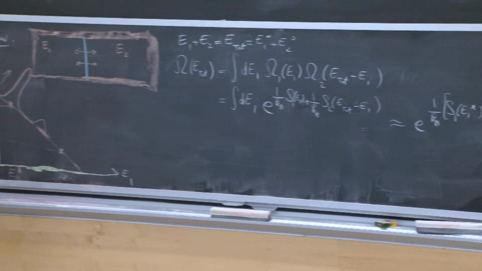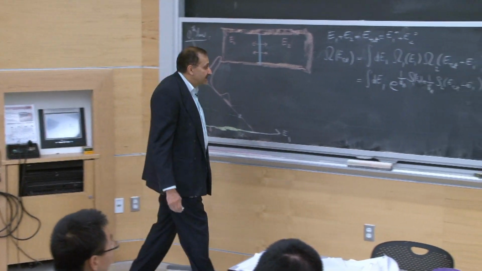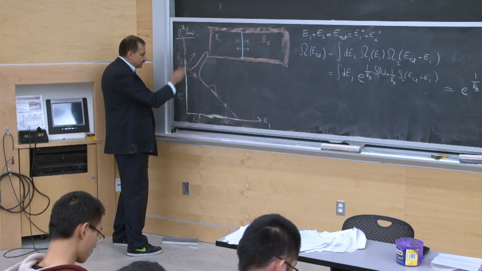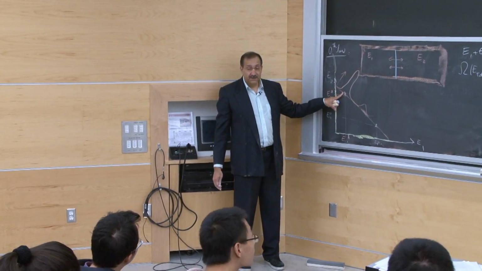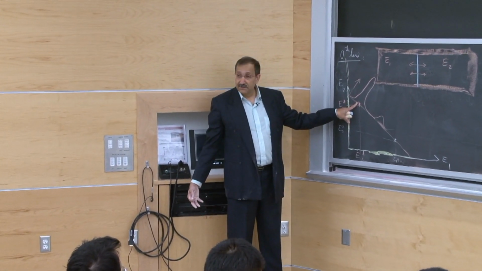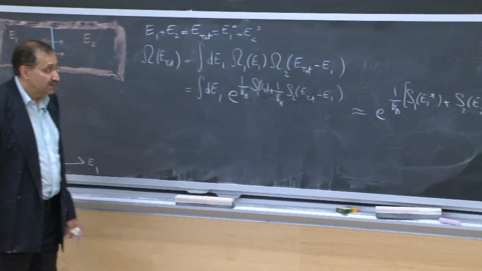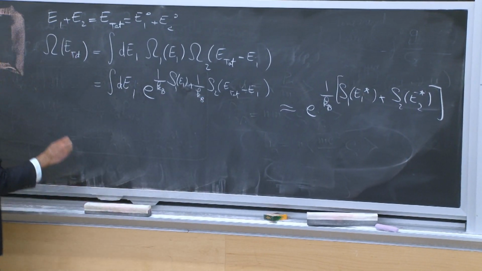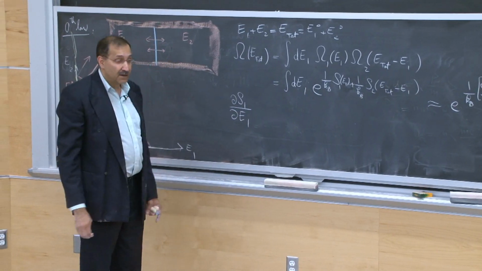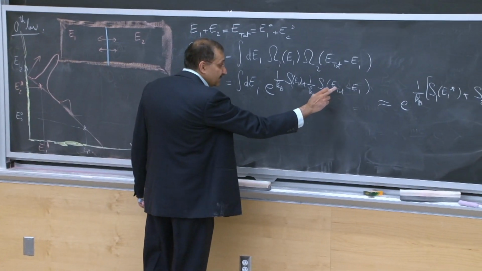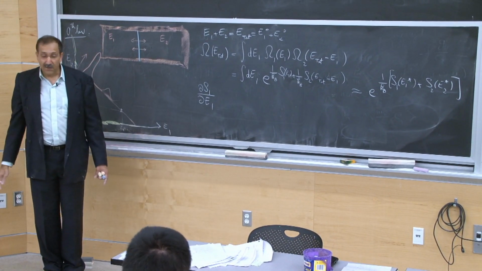Now, how do I identify where E1 star and E2 star are? Well, given that I scale along this axis or along that axis, essentially I want to find locations where the exponent is the largest. So how do I find those locations? I essentially set the derivative to 0. So if I take the derivative of this with respect to E1, what do I get? I get dS1 by dE1. And from here, I get dS2 with respect to an argument that has a minus E1.